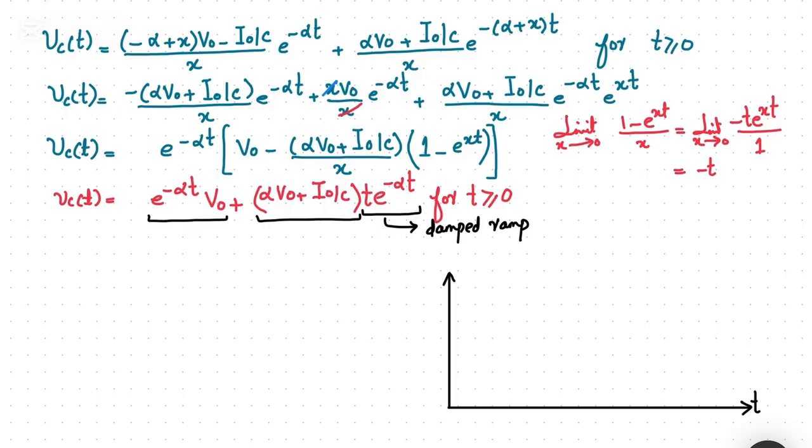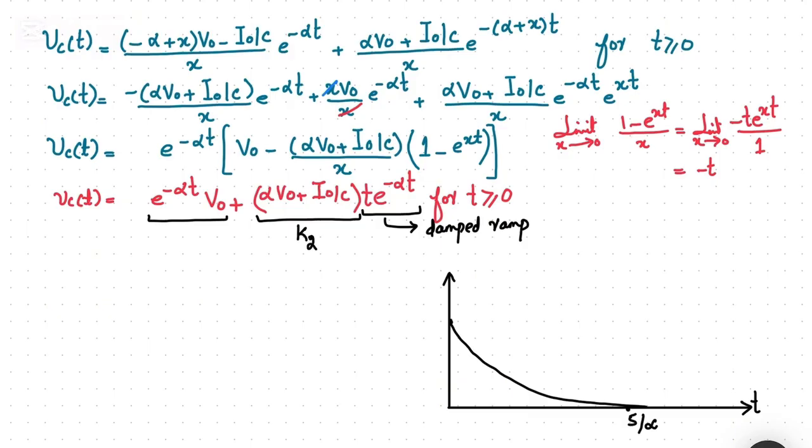If I sketch the damped ramp, which is the product of a decaying exponential function and a ramp function, the result would be a decaying exponential function. Let's say this is something similar to this one, where here we have 5 over alpha, means 5 time constant, and the value over here is basically equal to this factor.